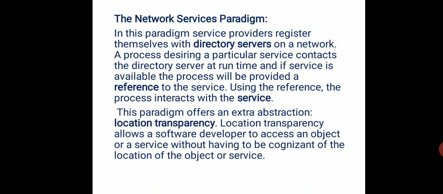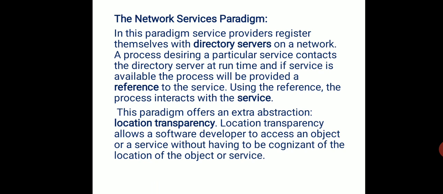So here the service providers register themselves with the directory servers. The service requester will access the directory server, and if the service is available, then the requester will get one reference to that service. So using this reference, the requester will access the service.